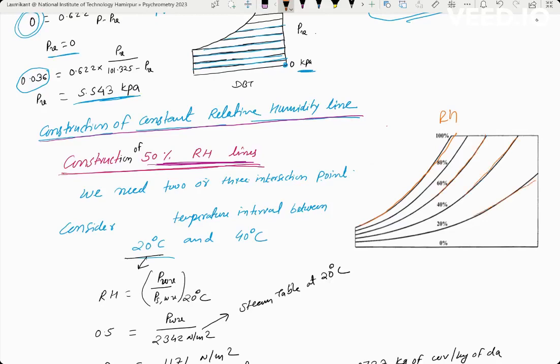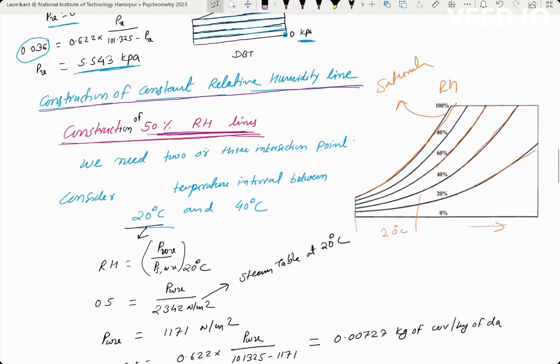And you can see these curves are not exactly parallel. This 100% RH line is the saturation line. These curves are not exactly parallel in the higher temperature region like 40 degree, 30 degree. They are parallel up to some 20 degrees Celsius or 15 degrees Celsius, but beyond this, these curves are diverging.